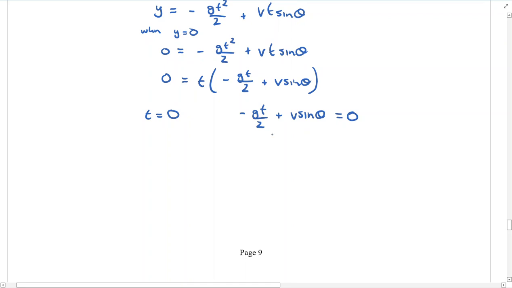So let's move the gt over 2 to make it positive. So that would equal v sine theta, times the 2 over. I'm going to be a bit slack and do it like that. Is that all right? And then t is equal to 2v sine theta all over g.